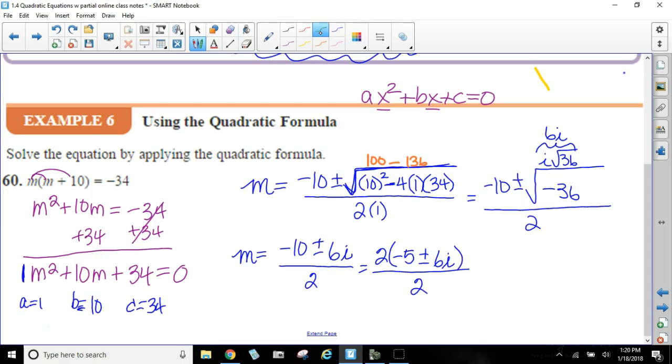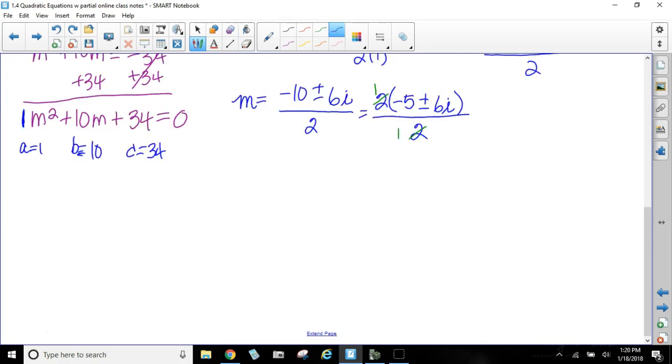Now what we should do is reduce the 2's. So our final solutions for m are negative 5 plus or minus 6i.